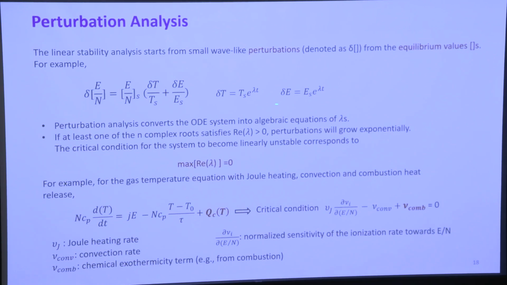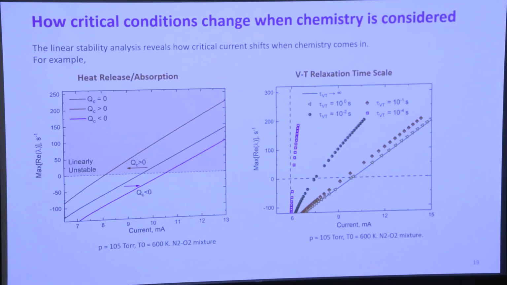Then you plug all these parameters back into the governing equations and try to find the eigenvalue, a complex variable, for either the temperature or electron number density, and find when it becomes 0. When it becomes 0, you can find the critical conditions of plasma instability.